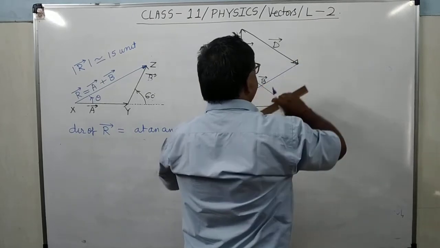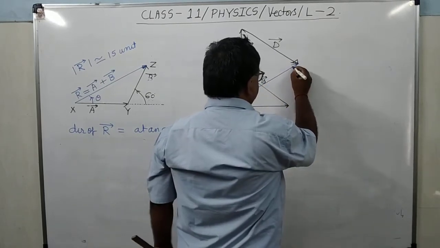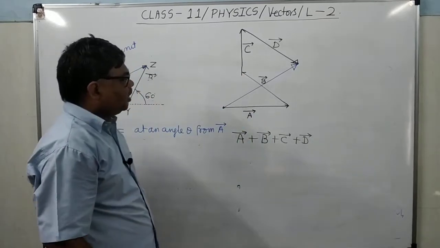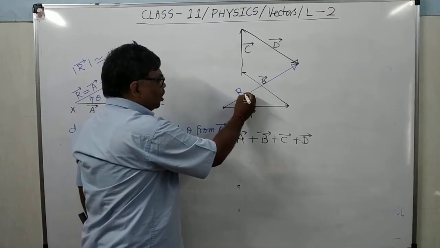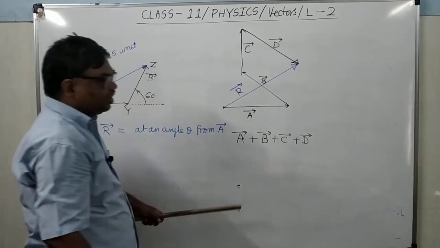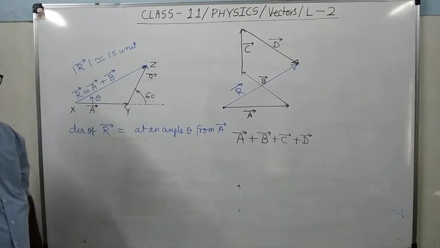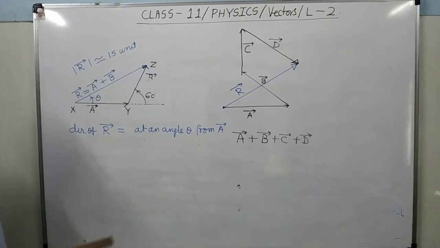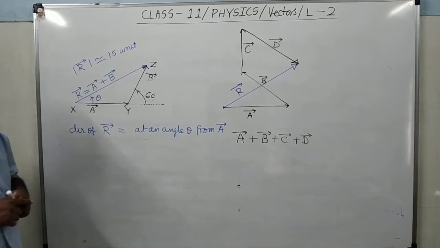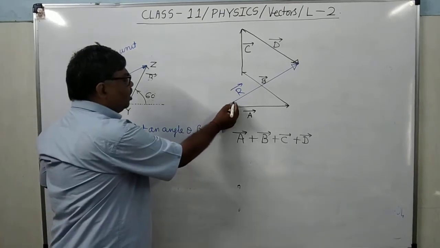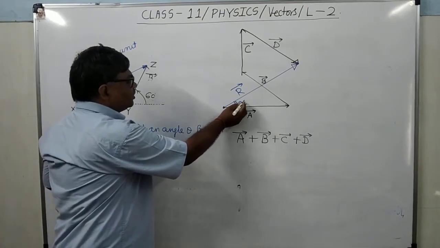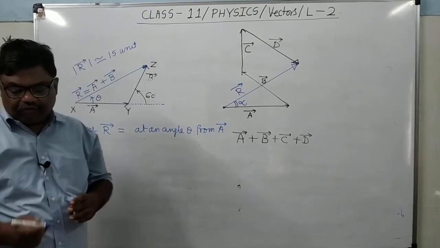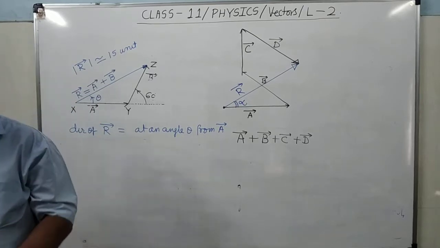By measuring its length, and converting according to the given scale, the scale you used in drawing the line segments of these vectors, we get the magnitude of the resultant. And by measuring this angle, you can tell the direction. So this is the way of adding more than two vectors.